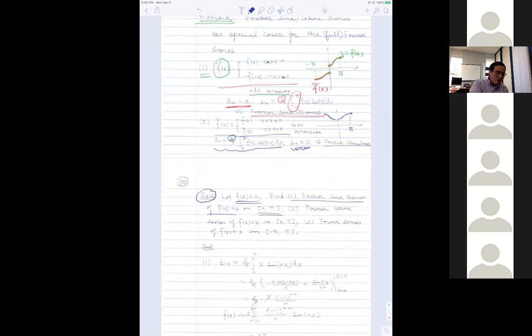Then also find the Fourier cosine series of the same function on 0 to pi. The third question is to find the Fourier series of this function from negative pi to pi.